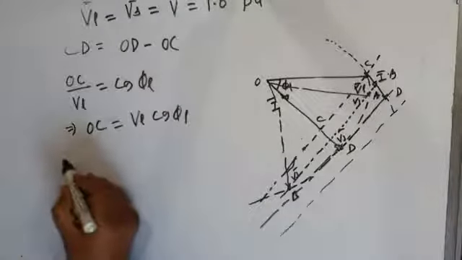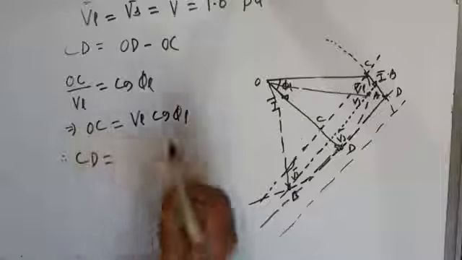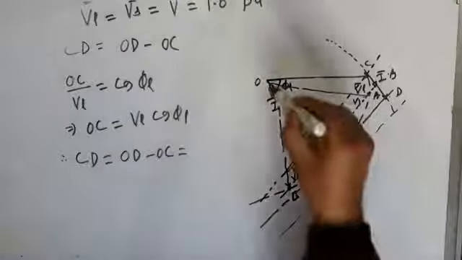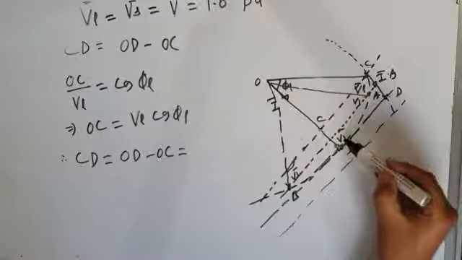So therefore, what is CD? CD is equal to OD minus OC. Now what is OD? OD is this. OD is equal to VS, isn't it?